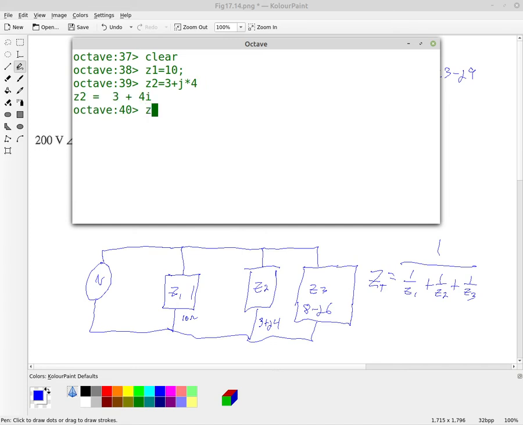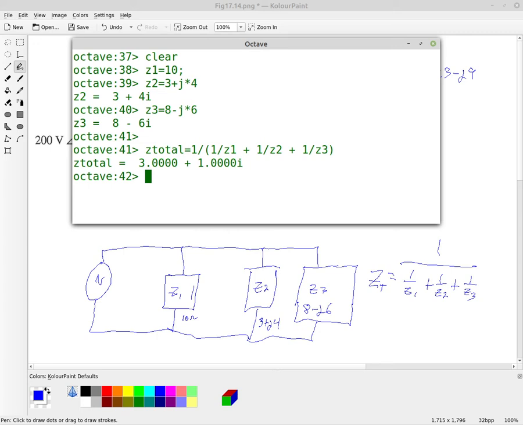And Z3 is equal to 8 minus J times 6. And so when we want to calculate Z total, that's going to be 1 divided by 1 over Z1 plus 1 over Z2 plus 1 over Z3.